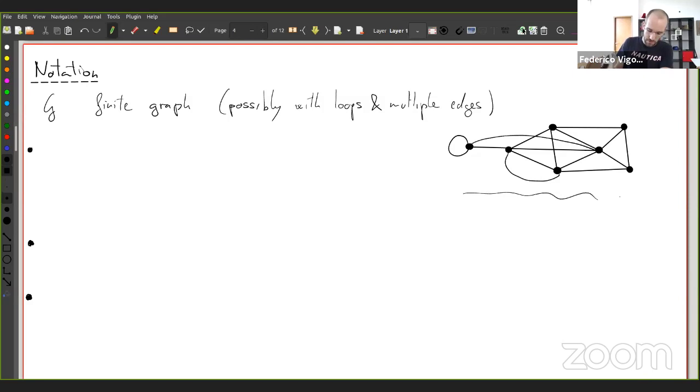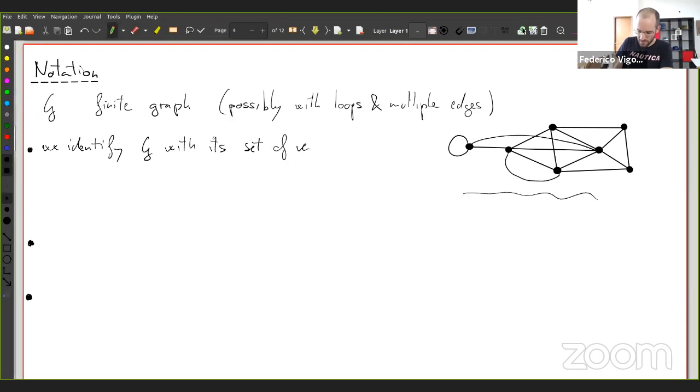By convention, we identify G with its set of vertices. By this, I just mean that if I write the cardinality of G, I mean the number of vertices.